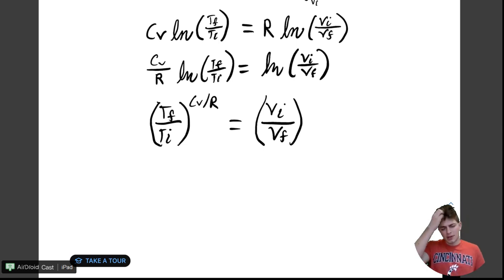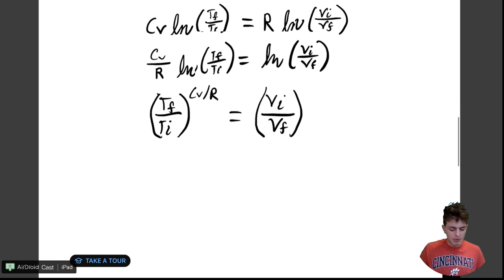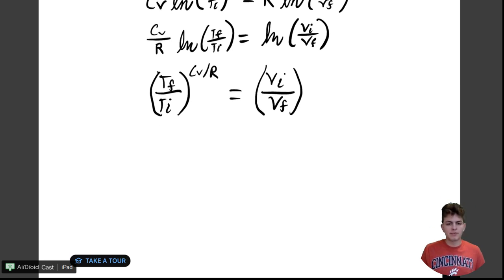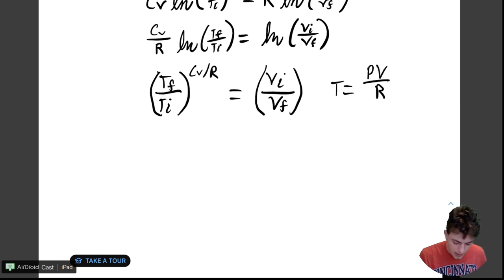However, I think it pertinent that we go a little bit further in this definition, and we attempt to derive some sort of expression to relate the pressure and the volume to one another, as this is where it gets particularly interesting. So, again, we know this is some sort of ideal gas being done reversibly, so we can relate our temperature to our pressure and volume via the ideal gas law. So, let's go ahead and do this then.